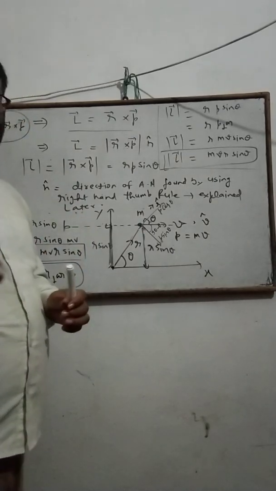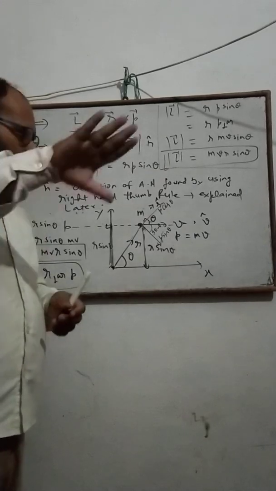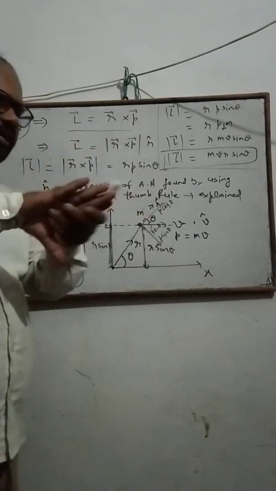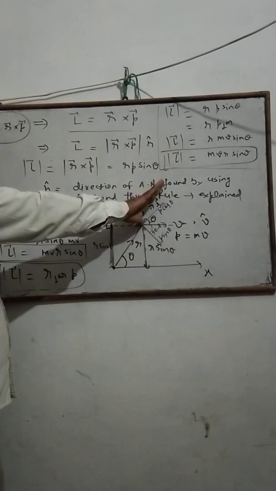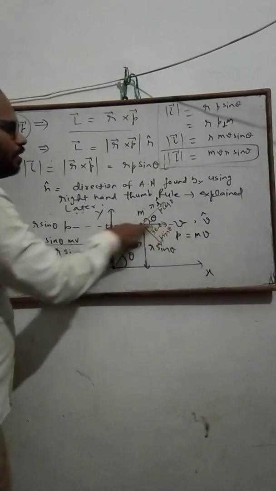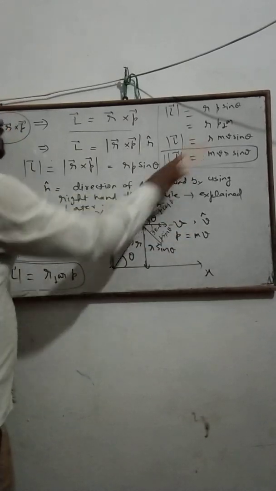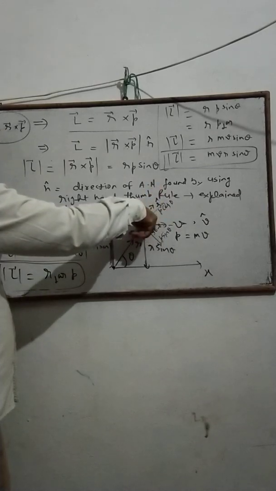What is the right hand thumb rule? Here r cross p. So put the fingers in the direction of r, and curl the fingers in the direction of p. This is the direction of r and this is the direction of p. So curl the fingers in the direction of p.